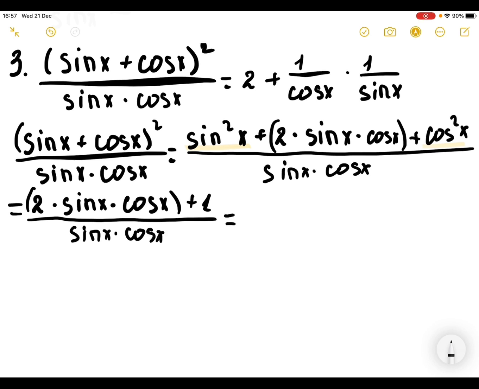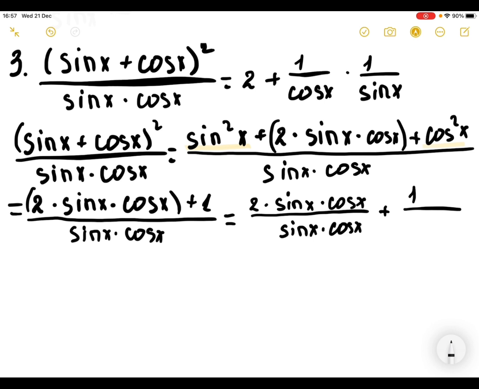So 2 multiplied by sine x multiplied by cosine x divided by sine x multiplied by cosine x, plus 1 divided by sine x multiplied by cosine x. So we have 2.